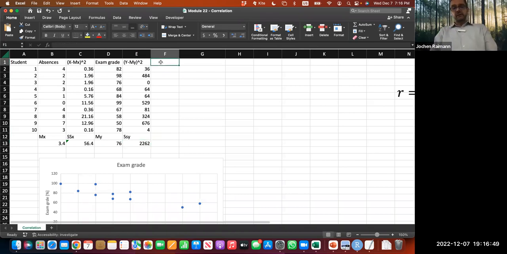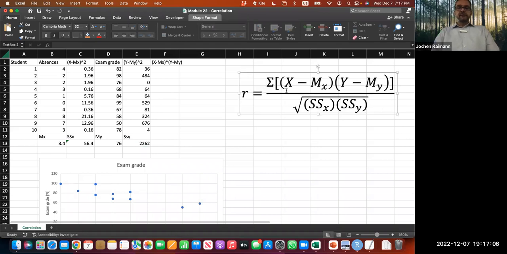Next we need our product. So we need x minus mx multiplied by y minus my. Remember the equation for this: it's x minus mx multiplied by y minus my.